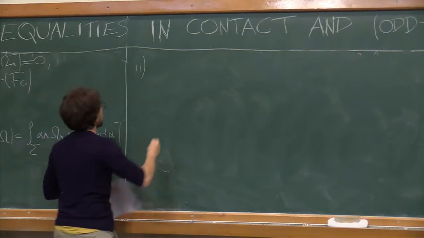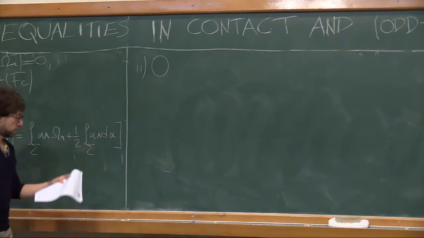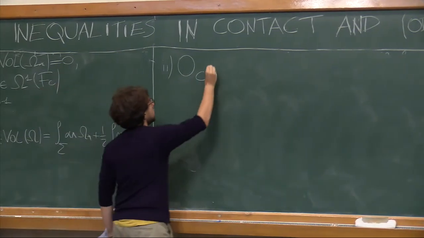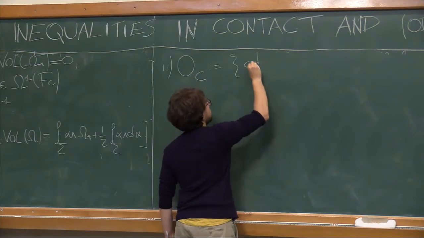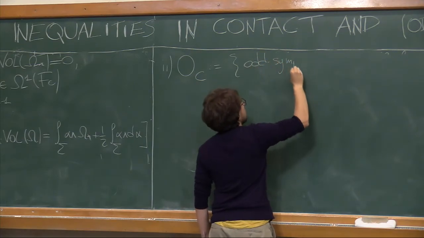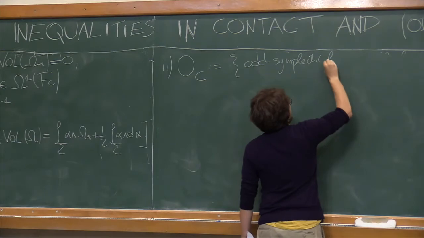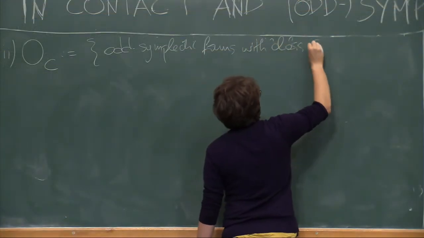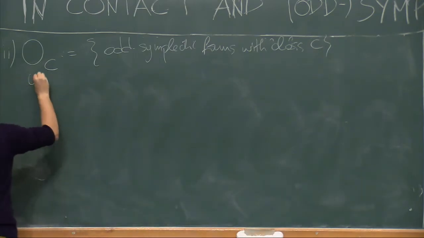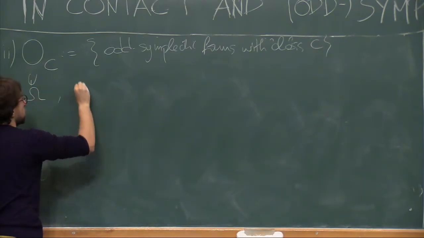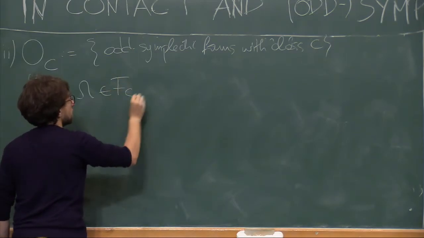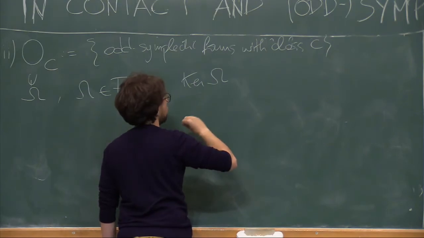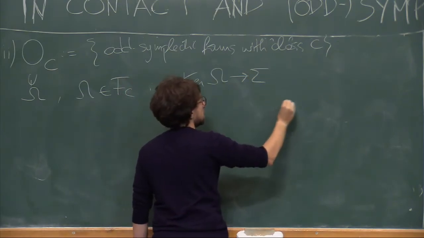Then we now want to give a definition that generalizes contact forms. These are the odd symplectic forms. Forms with class C. So an element in here, omega, is just an element in Fc, such that the distribution kernel of omega over sigma is one-dimensional.